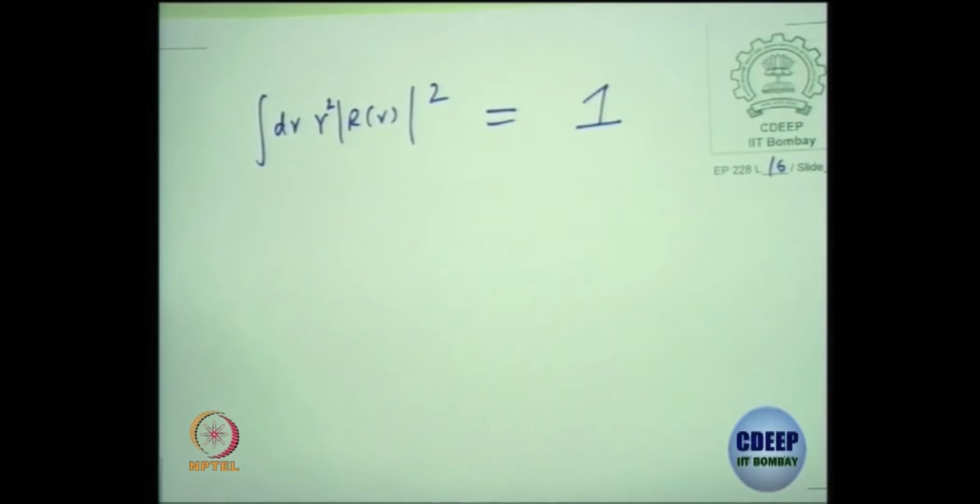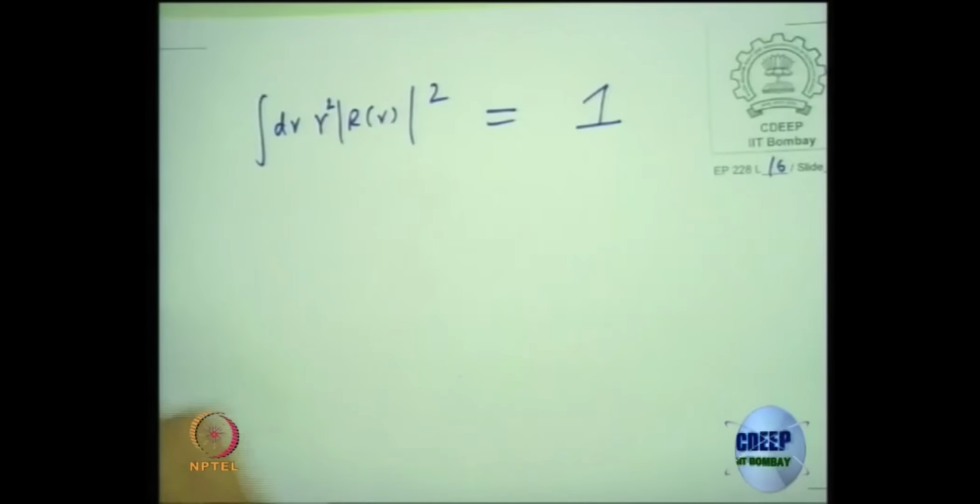When you take x, y, z to r theta phi, these factors are coming out of the Jacobian. Many of the students, in my last so many years, forget about these r squared when you do the normalization. But when you go to spherical coordinates, there is a non-trivial Jacobian, you have to remember that.